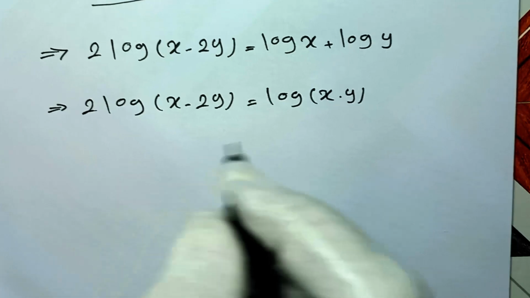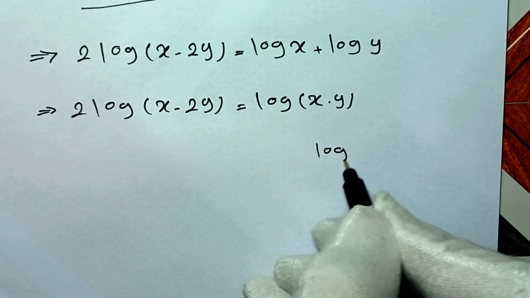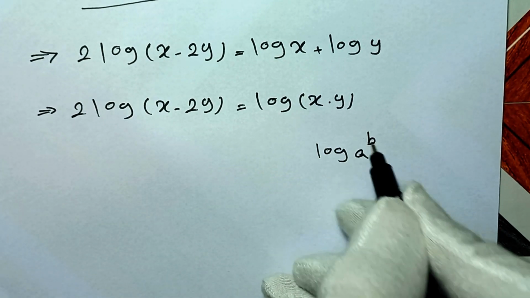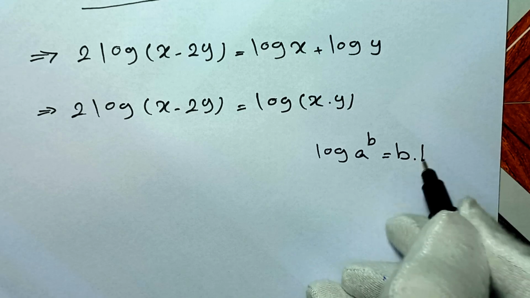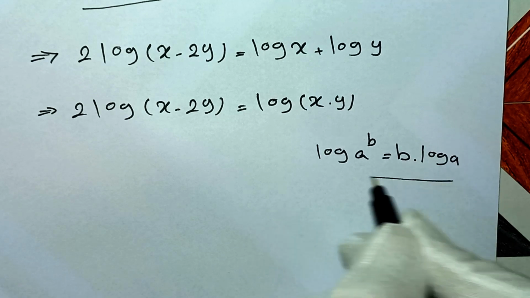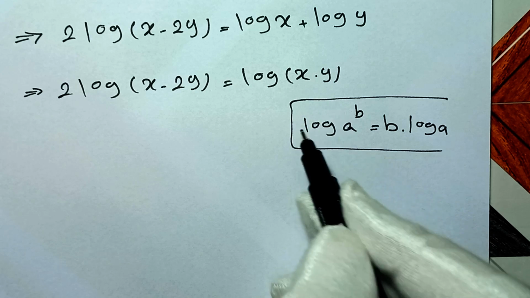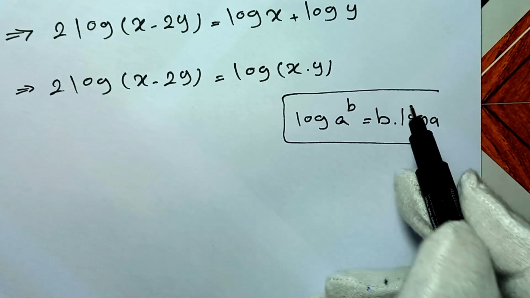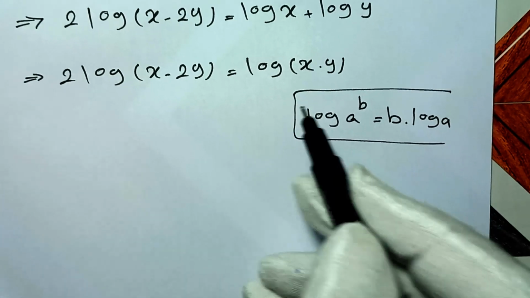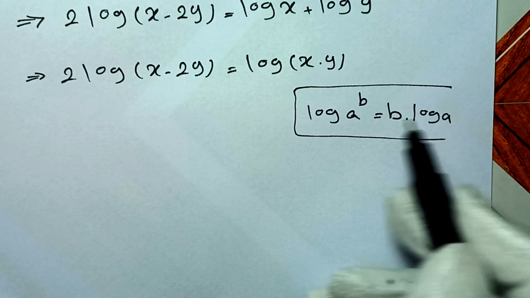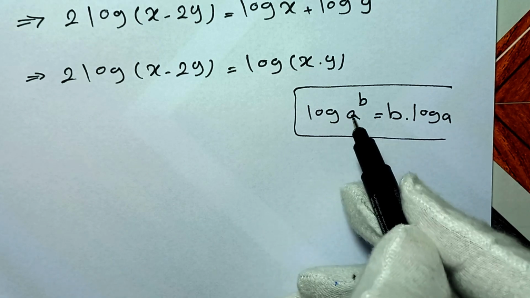In the next step, as you know, if we have log a to the power of b, we can write this as b times log a. Also, from right to left, if we have b times log a, we can write it in this form, log of a to the power of b.